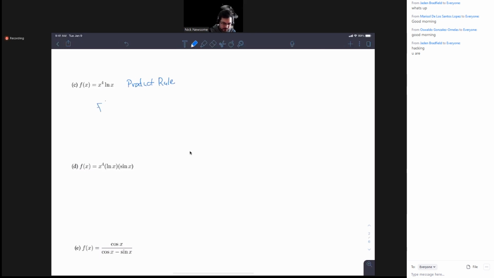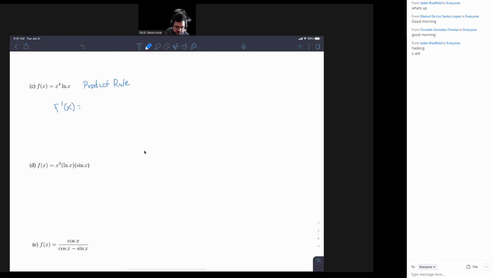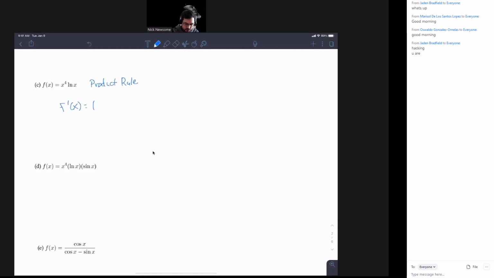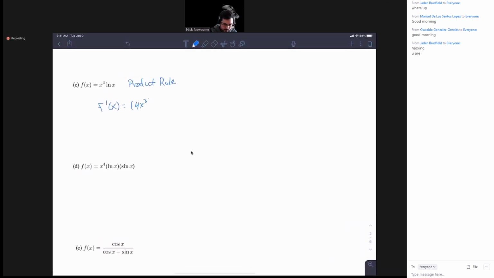Product rule says that my derivative is going to be the derivative of the first one multiplied by the second one plus the first one multiplied by the derivative of the second one. And we just have to remember that the derivative of natural log is 1 over x.